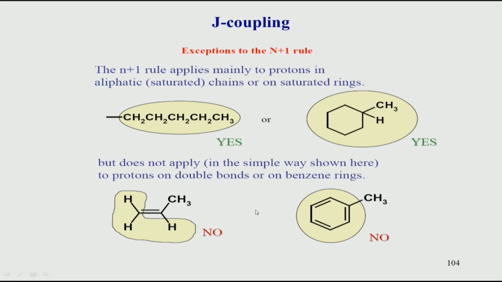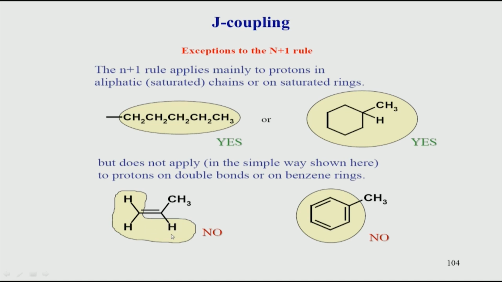So, there are different exceptions to the n plus 1 rule we saw already, exceptions based on the coupling value. For example, if you look at this particular hydrogen here, it has one cis coupling here, one value, but it will have a trans coupling to this hydrogen, another value. Similarly, it will have a coupling to this hydrogen, some other value. Let us ignore this hydrogen for the time being. Even if you consider this hydrogen's coupling to this and this, you may think that there are two hydrogens, so by n plus 1 it will be a triplet.